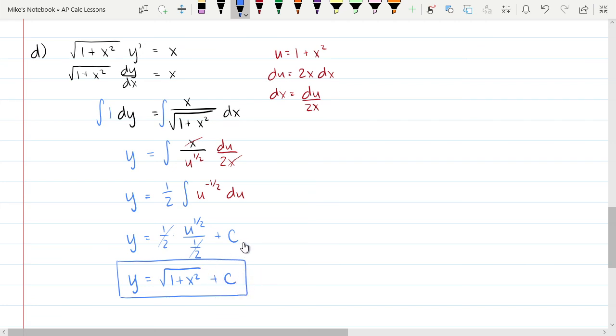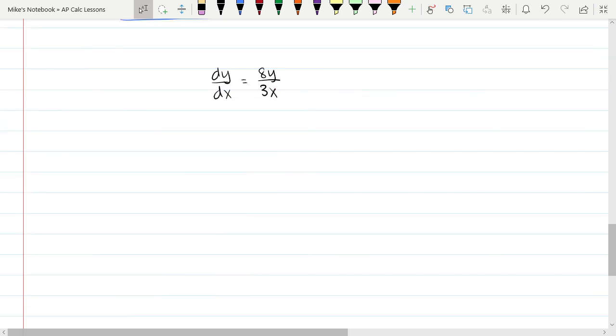Okay, now again, my last tip is when you are doing your separation of variables, if you have a situation that looks like this, where you have something like dy over dx equals 8y over 3x. As you are separating, it's going to feel really tempting to feel like you should multiply both sides by a 1 over 8y, because you see that 8 sitting next to the y.